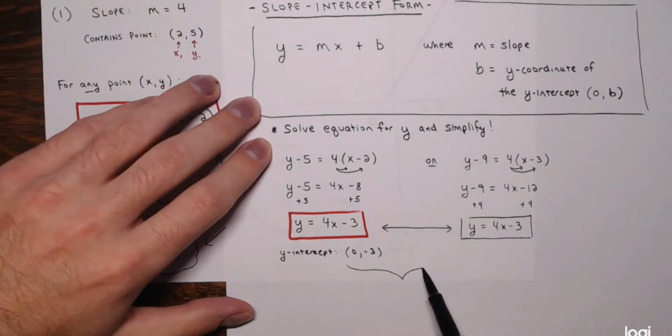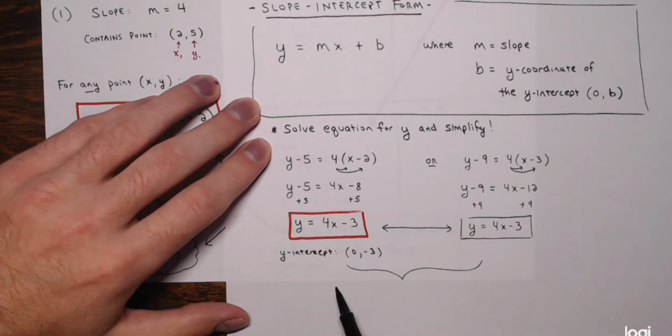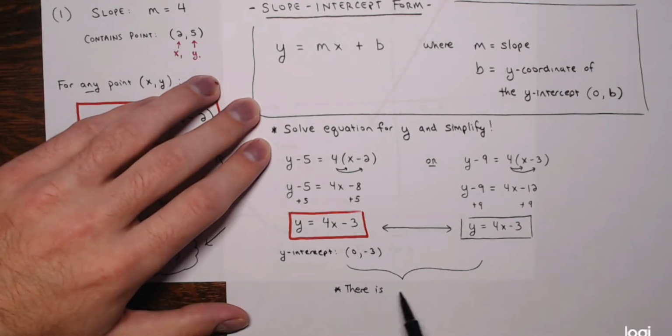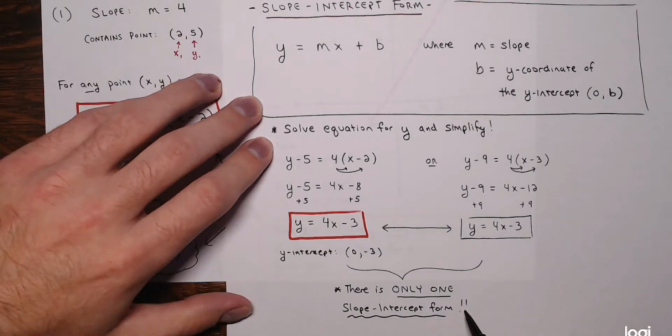So that's the lesson from this: there is only one slope-intercept form for a given line, which is nice.